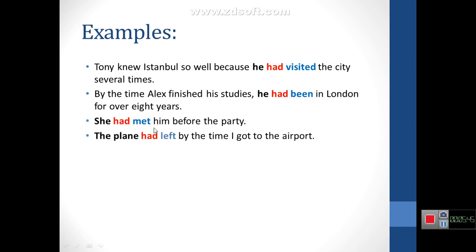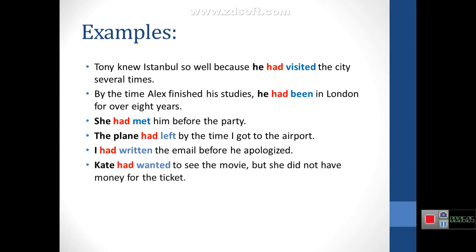She had met him before the party. She subject, had auxiliary, met past participle. The plane had left. I had written. Kate had wanted. There are many examples. You can read it and you can look at the form of it.